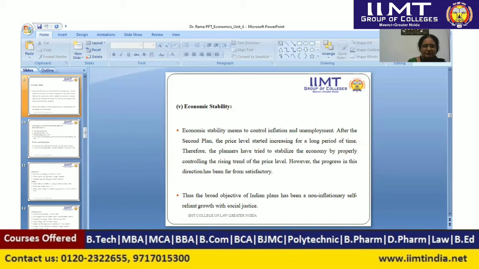However, the primary decision has been far from satisfactory. Thus, the broad objective of the Indian plans has been a non-inflationary, self-reliant growth with social justice.